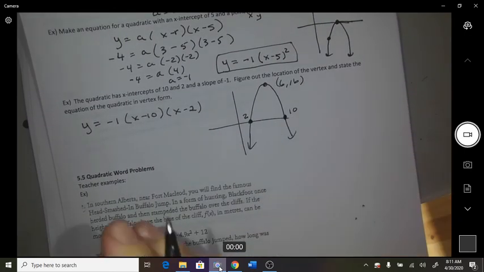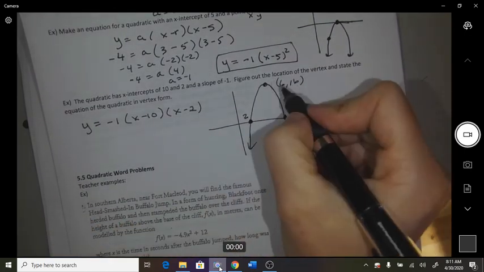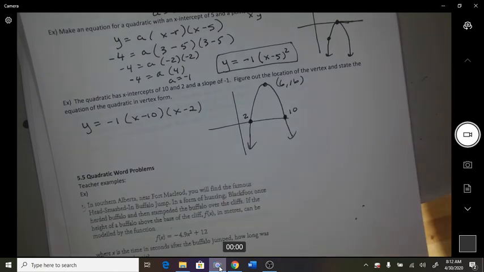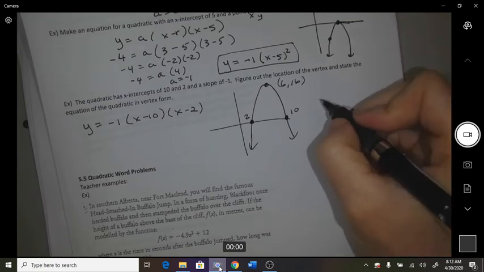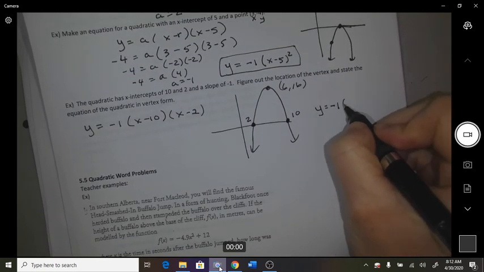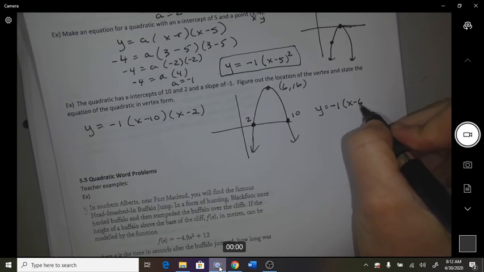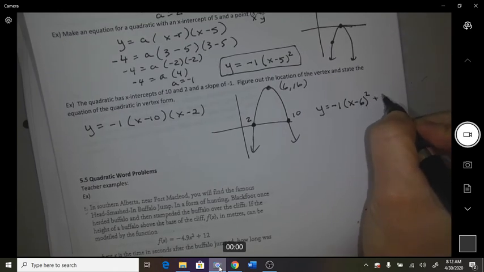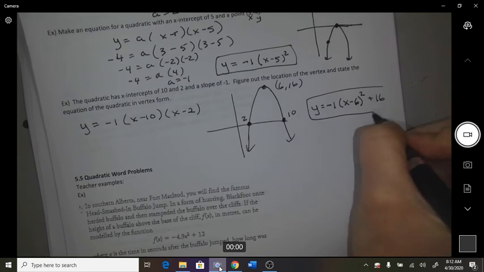So right in the middle of 2 and 10 is a 6. So now we need to write this in vertex form. So y equals the slope of negative 1, x minus h squared plus k.